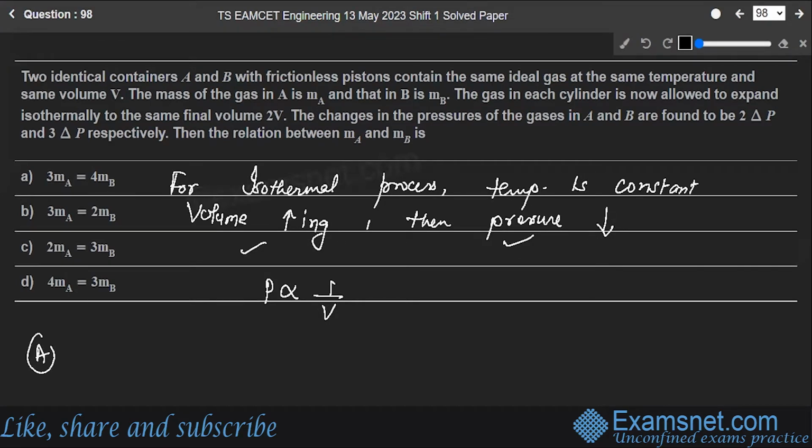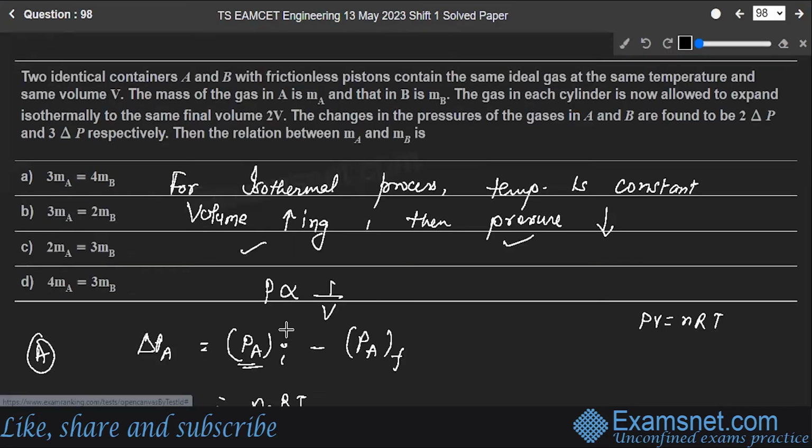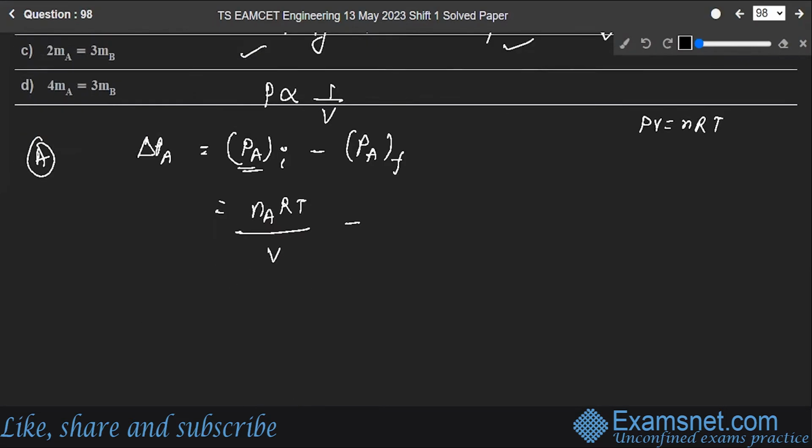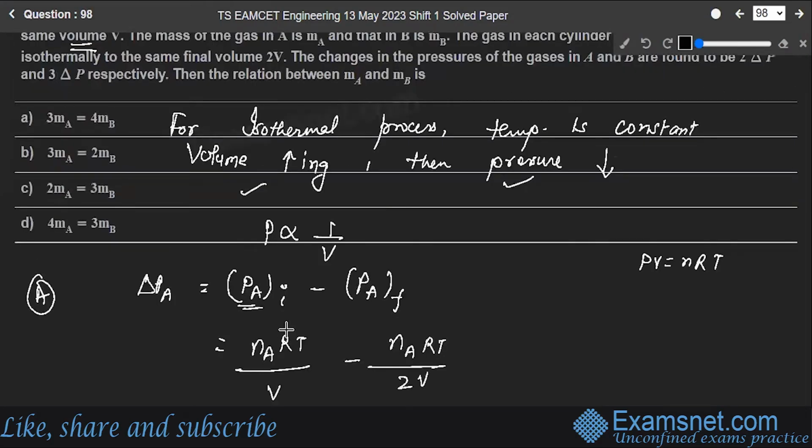Now in the chamber A, the change in the pressure is given by initial pressure minus final pressure. And PV is equal to nRT. This is an ideal gas. So P will be given by nART upon V, because for the initial one, both are having the same volume V. And for the final one, it is nART upon the final volume 2V.